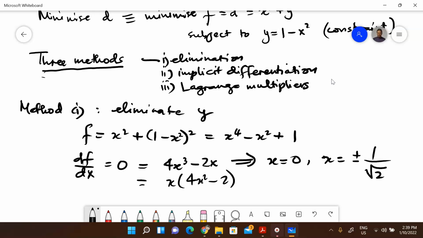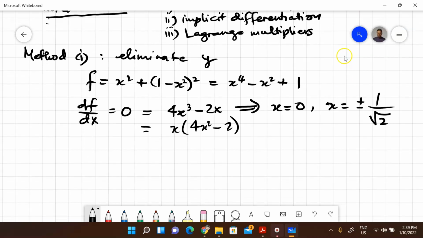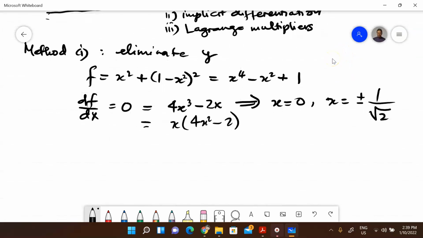And if you want, we can determine which of these points gives you the minimum and which is the maximum. What one needs to do is to calculate the second derivative.